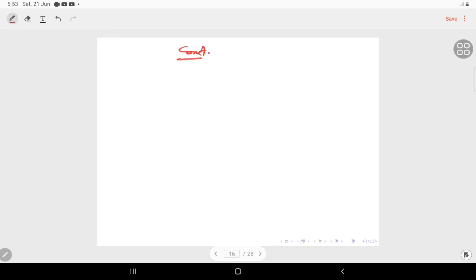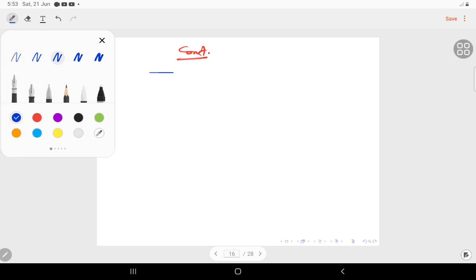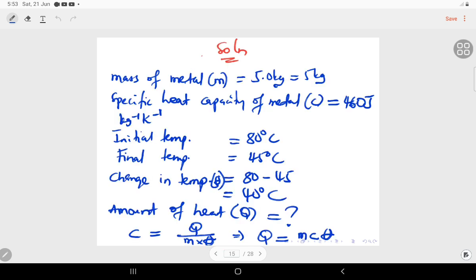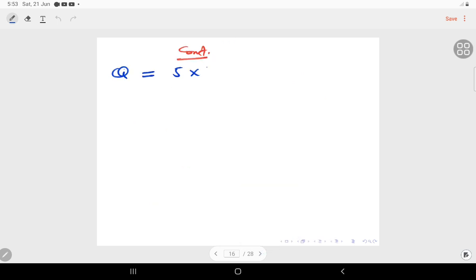So we continue from here. So Q, the mass is 5. The specific heat capacity is 460. And this one is 35.